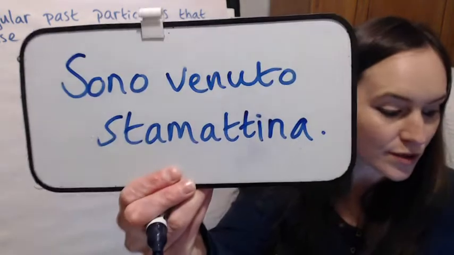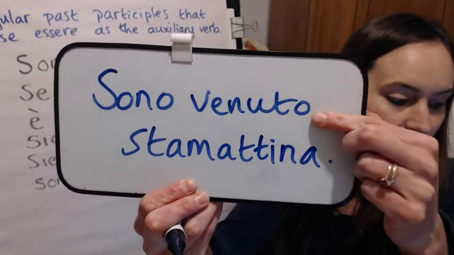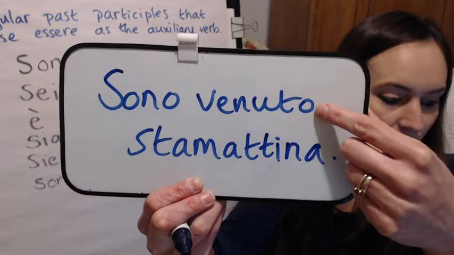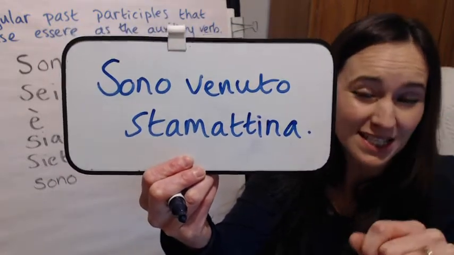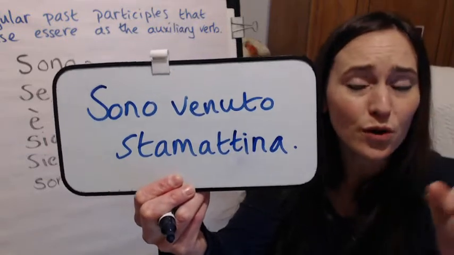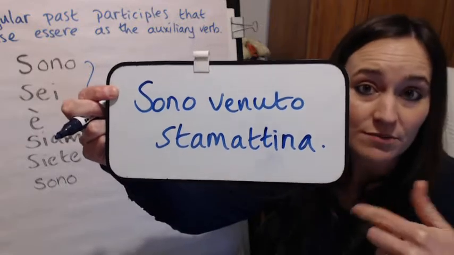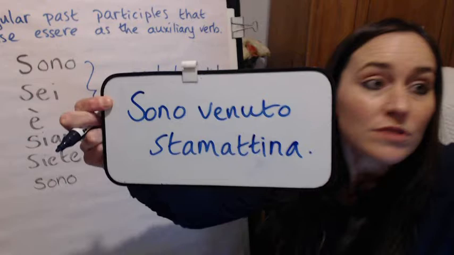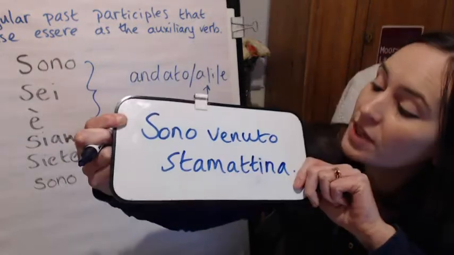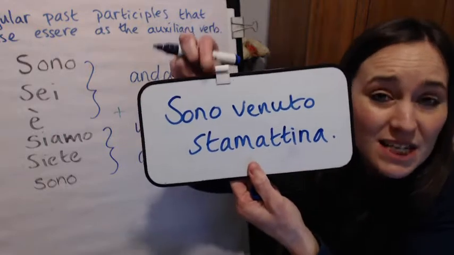Sono venuto stamattina. So in that sentence, whoever's saying it is masculine because the ending of the past participle is singular for a start, but it's also masculine, it's an O. Venuto. So that means I came this morning, or I arrived, if you like. Sono arrivato, sono venuto, to come or to arrive or whatever. Stamattina, this morning. So it's a man speaking.